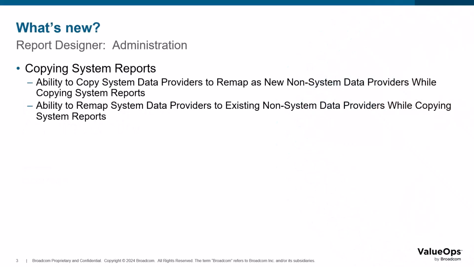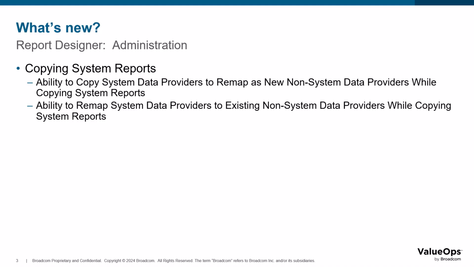So what is new this release? Report designers will now have some new capabilities while they are copying system reports. First, for one or more system data providers, they will be able to create a copy of that system data provider and map that automatically to their new copy of their report.